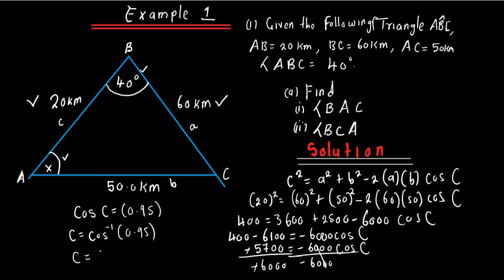This is going to be 18.19 degrees. So we can therefore say BCA, which is this angle, is equal to 18.19 degrees. That is just how you calculate the angles using the cosine rule.